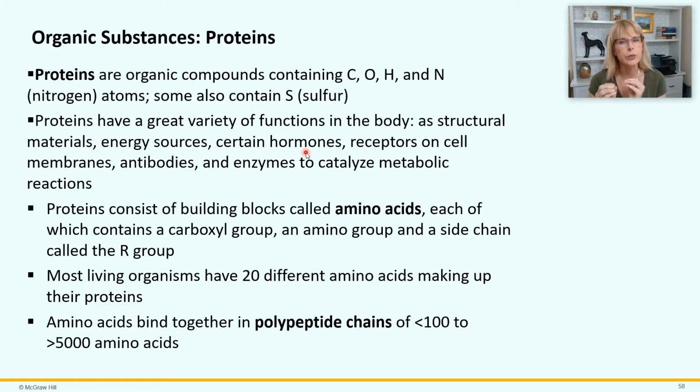There are some hormones that are basically protein hormones, like insulin. Insulin is the hormone that's related to sugar diabetes. That is actually a protein. The receptors on cell membranes: your cell has got that phospholipid bilayer, but it needs to know, hey, what's going on out there, right? What's going on in the environment? How does it know what's going on? It has proteins that sit in the cell membrane and kind of reach outward.